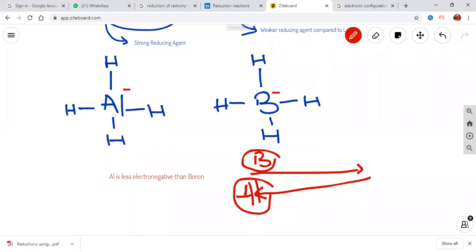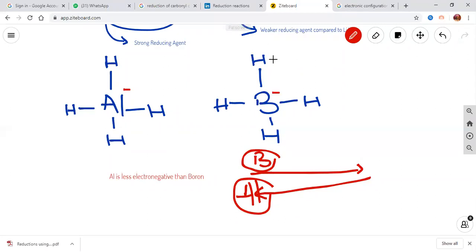Now, since boron is more electronegative than aluminium, hydrogen is more electronegative than boron, so it becomes a polar bond. Since boron has one extra hydrogen bond, it gets a one negative charge.